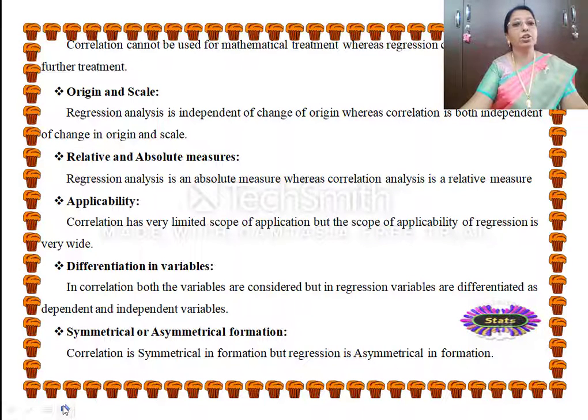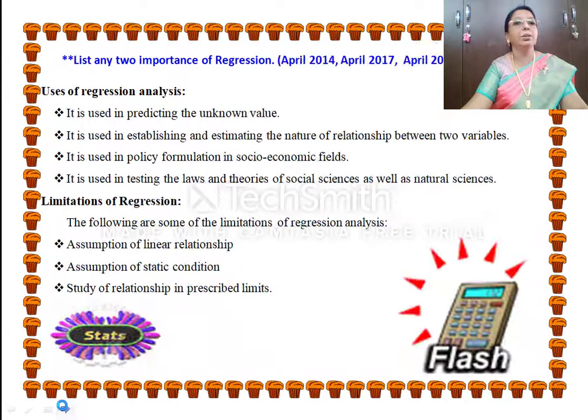Applicability. Correlation has very limited scope for application, but the scope of applicability of regression is very wide. Differentiation in variables. In correlation, both the variables are considered, but in regression, variables are differentiated as dependent and independent variables. Asymmetrical and symmetrical formation. Correlation is symmetrical, but regression is asymmetrical.